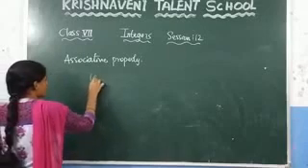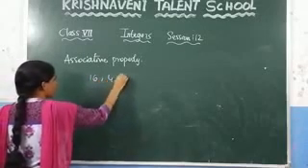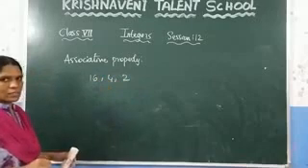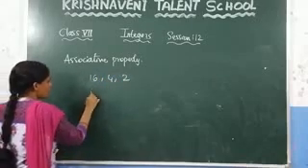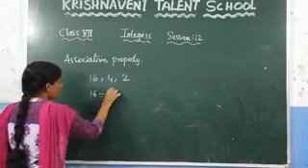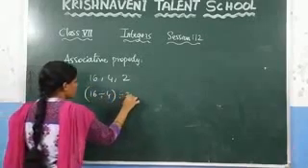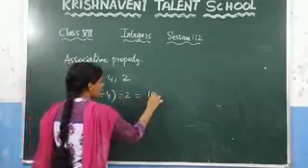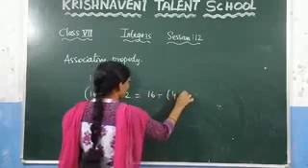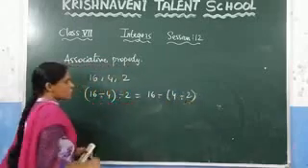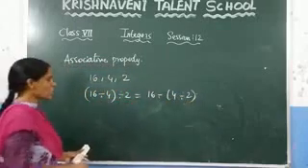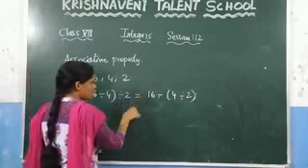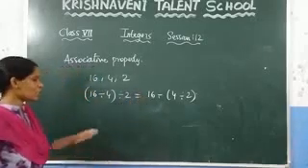Let us consider those integers as 16, 4 and 2. Now what it states here: (16 divided by 4) divided by 2 must be equal to 16 divided by (4 divided by 2). Is this condition false or not? We have to check. We know that this is not equal, but let's first check it.